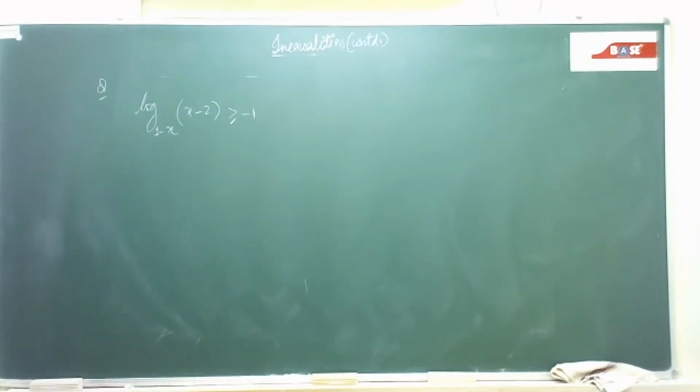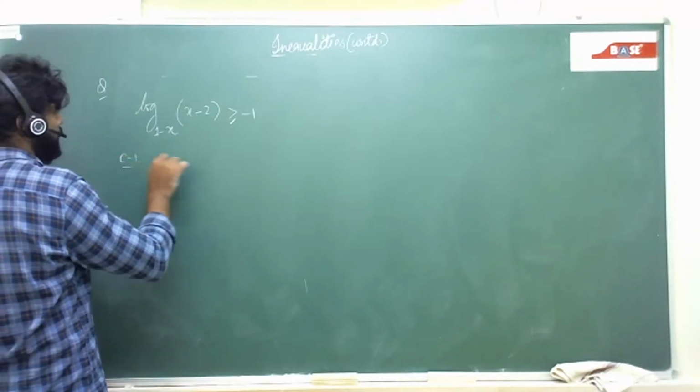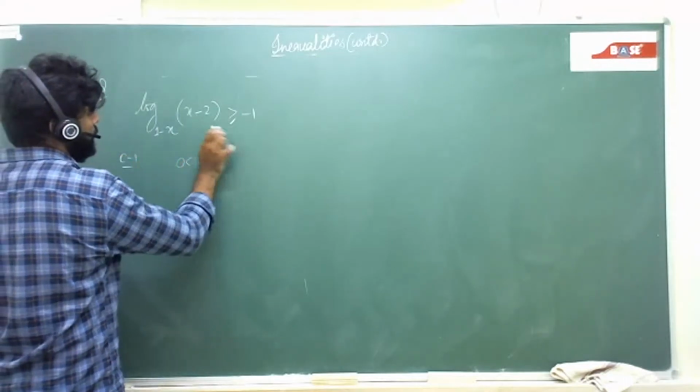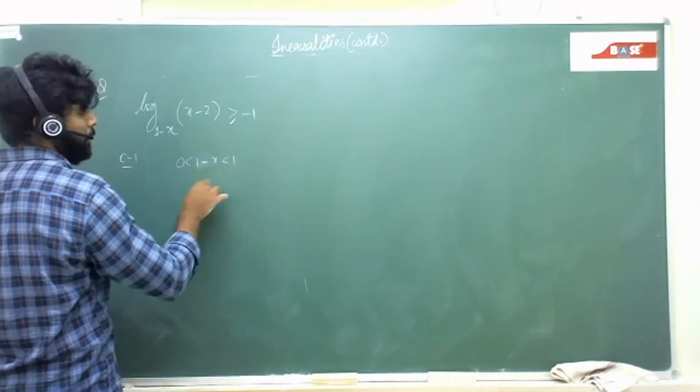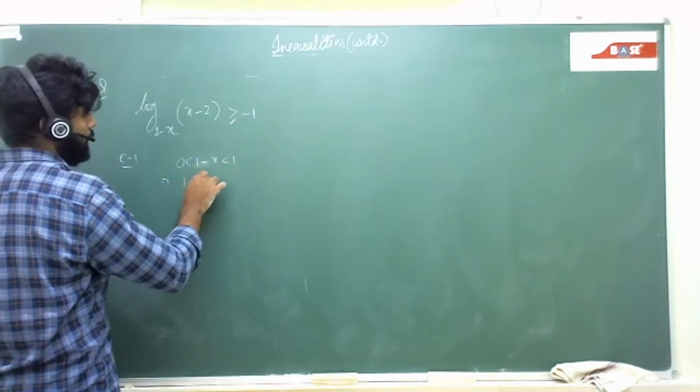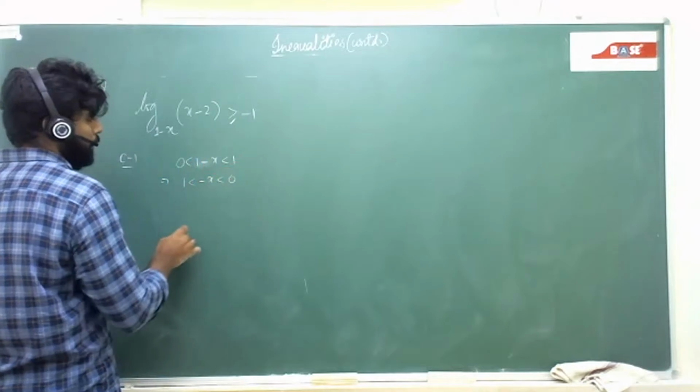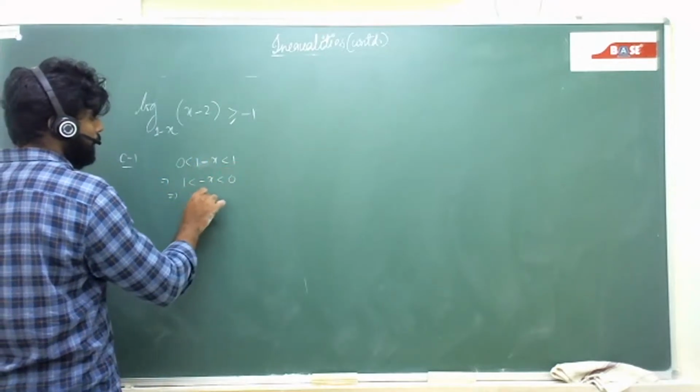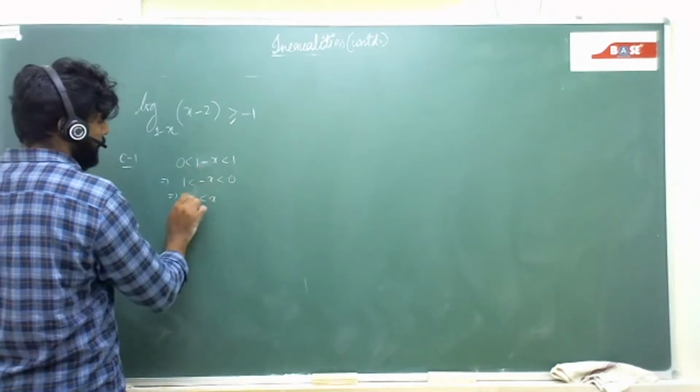Now, two cases again. First case, base: 1 minus x is less than 1. So if we transpose this, 1 less than minus x less than 0. So minus x will lie between 0 and minus 1. Sorry, minus 1 and 0.